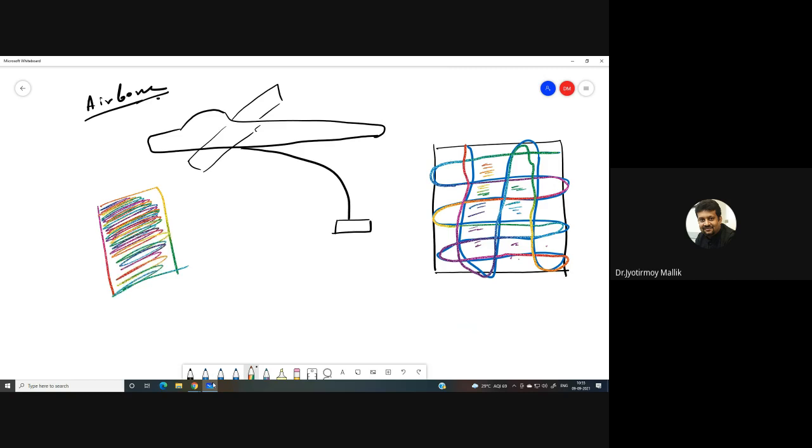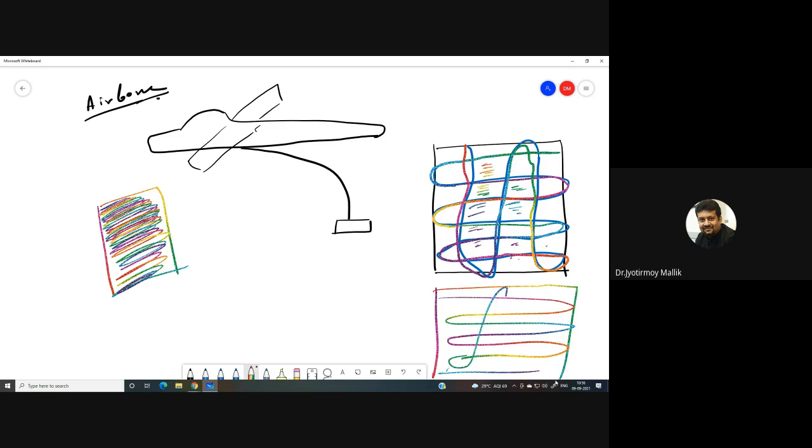Now, if I have more number of sweeps, these are called sweeps. If the aeroplane does this very frequently for the same area, more number of sweeps, then of course the quality of this data is better, simply because I have more data points to extrapolate.